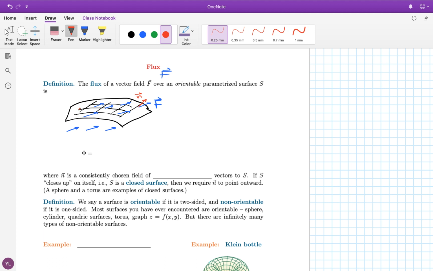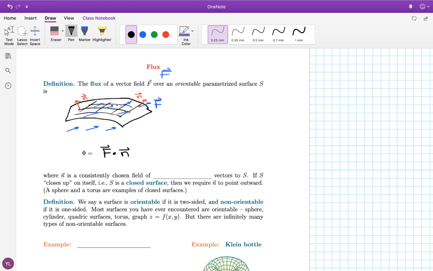So at any point on the surface, we can compute a unit normal by looking at, let's say if we have a parameterization r(u,v), a cross product producing a normal vector, and then the dot product between the vector field and the unit normal, which becomes its own vector field, describing what it means to be perpendicular at any point to the surface. This will extract the flux or the flow of the vector field across the surface.